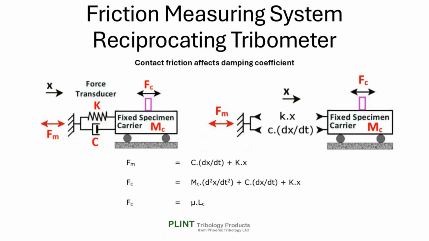This is a typical arrangement for sensing friction in reciprocating tribometers, along with its free body diagram. It's important to note that in the friction plane, the contact friction affects the damping coefficient. Hence, the damping coefficient is a function of the friction in the contact. We saw this illustrated in the earlier practical experiments.